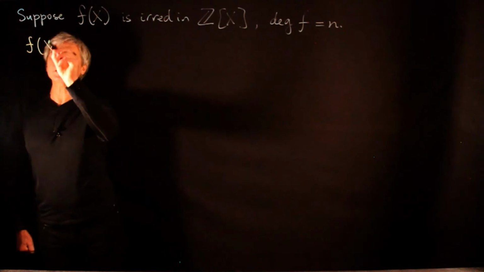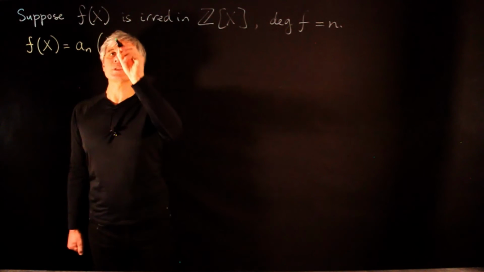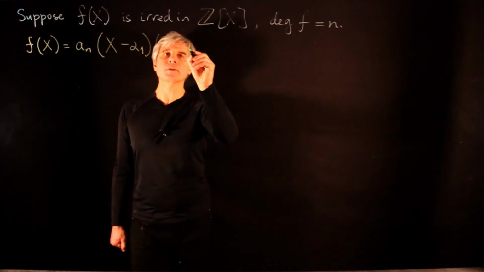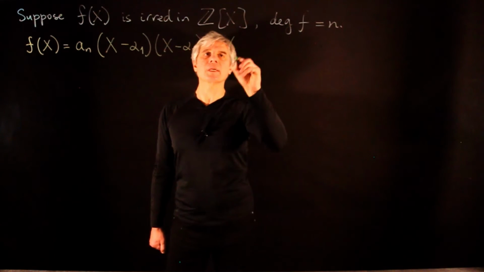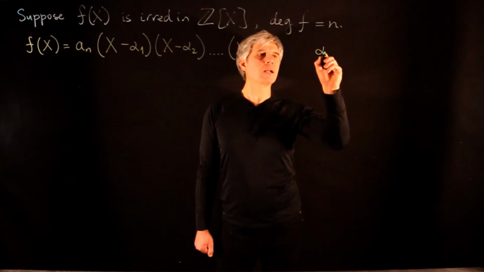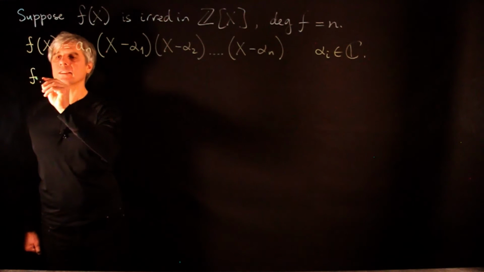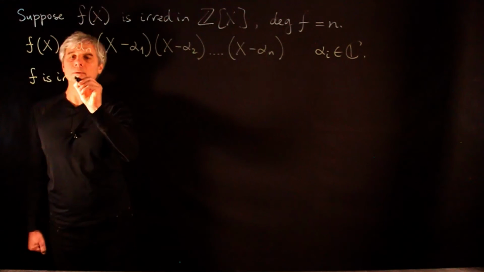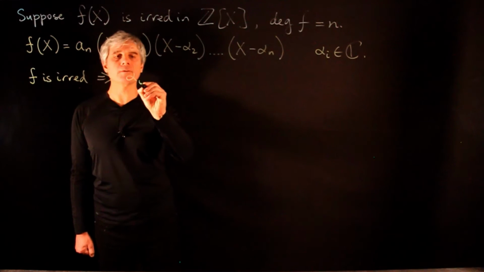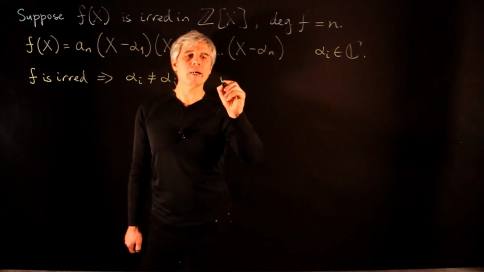So we have f of x is equal to a_n, the leading coefficient, times (x minus alpha 1) times (x minus alpha 2) and so on up to (x minus alpha n), where the alpha i's are complex numbers. And we know that since f is irreducible, this polynomial has no multiple roots. So alpha i is not equal to alpha j for i different from j.